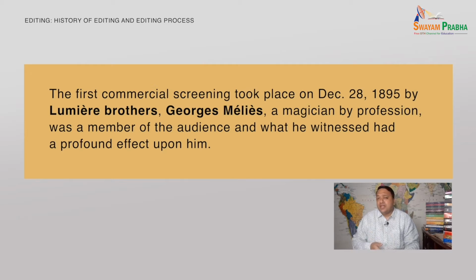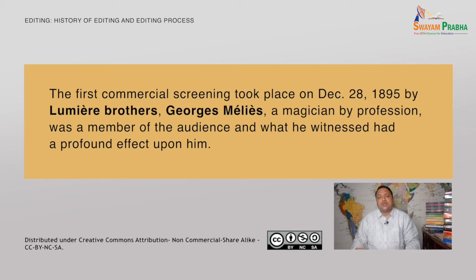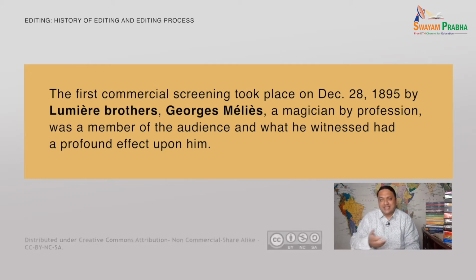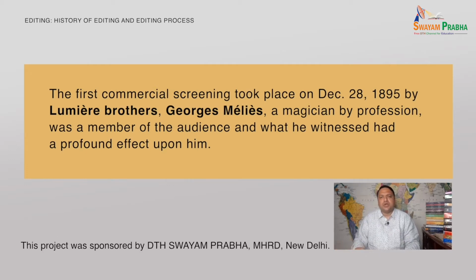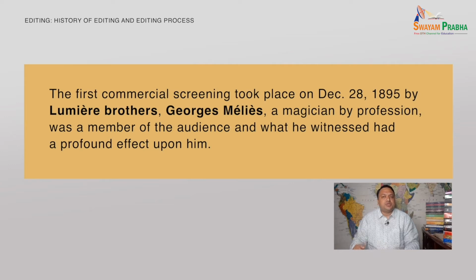So, after this incident, Georges Méliès started looking for more options, as there were many experiments going on in the same field. He settled himself with Cinematography, a film projector that was developed by Robert W. Paul.